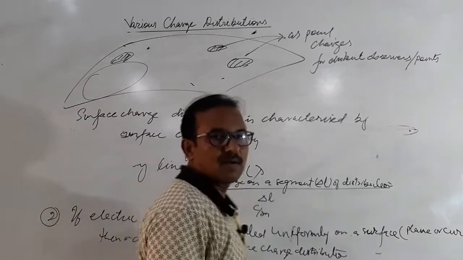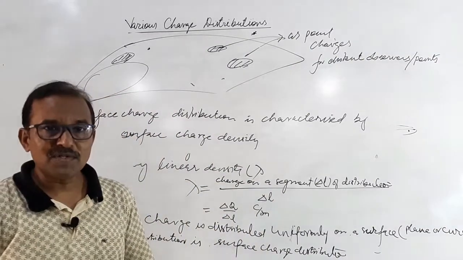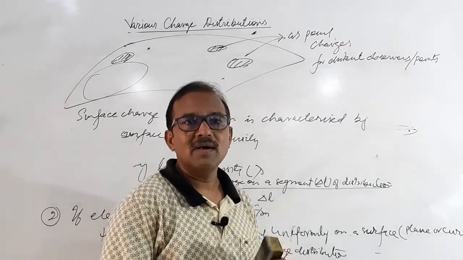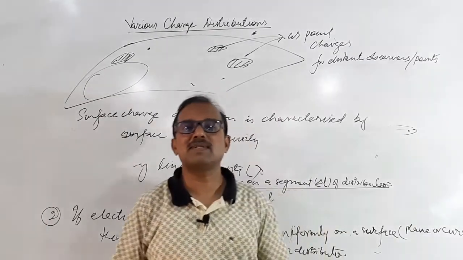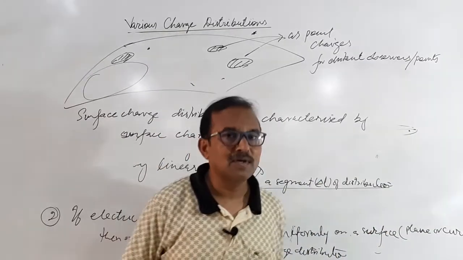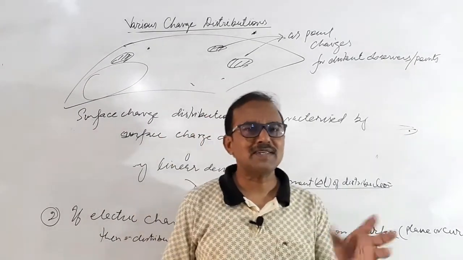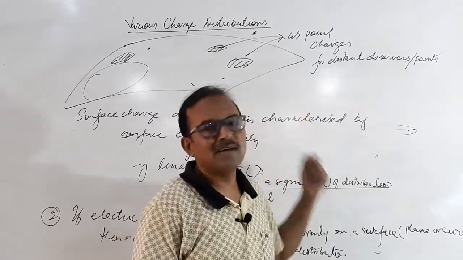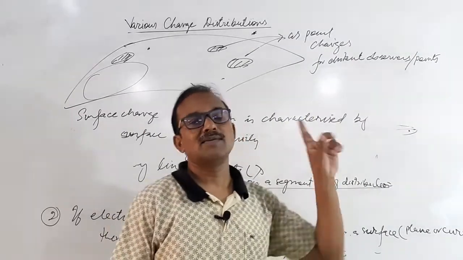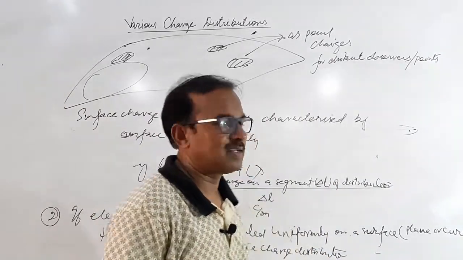And this is what is taken. Why? Because in case of large surfaces, vast distributions, we cannot calculate total charge easily, and the influence of nearby charges depends upon the density of charges on the surface. So definitely charge density is important, not the total charge.